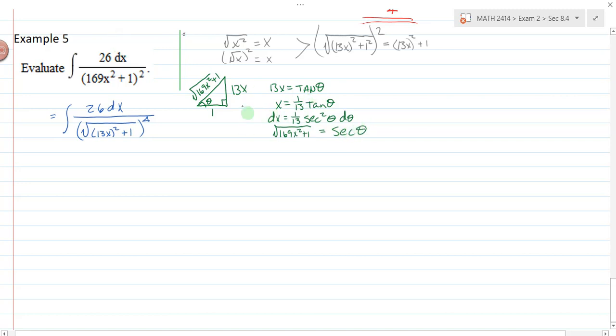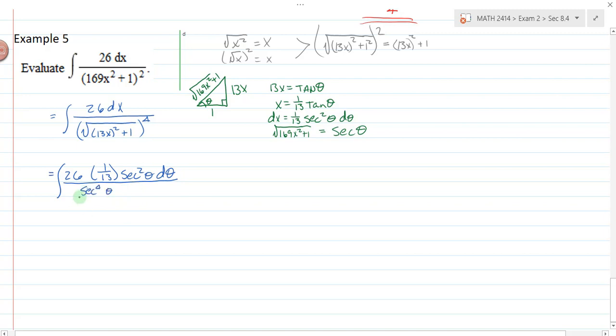So using the substitutions from this triangle, that means that I can rewrite this problem as, oops, forgot my integral, the integral of 26 times, in place of dx, 1/13 secant squared theta d theta over that radical, which is secant theta, raised to the 4th power, so I'm just going to write secant to the 4th.